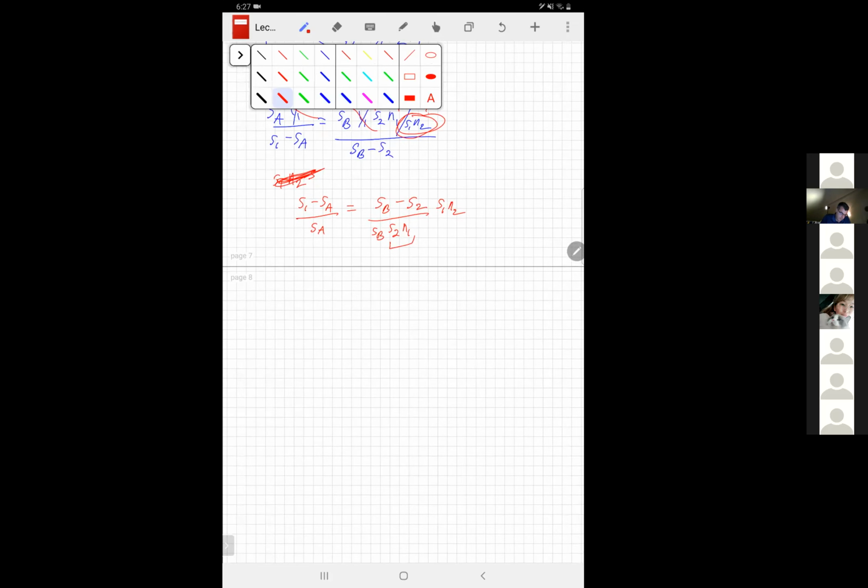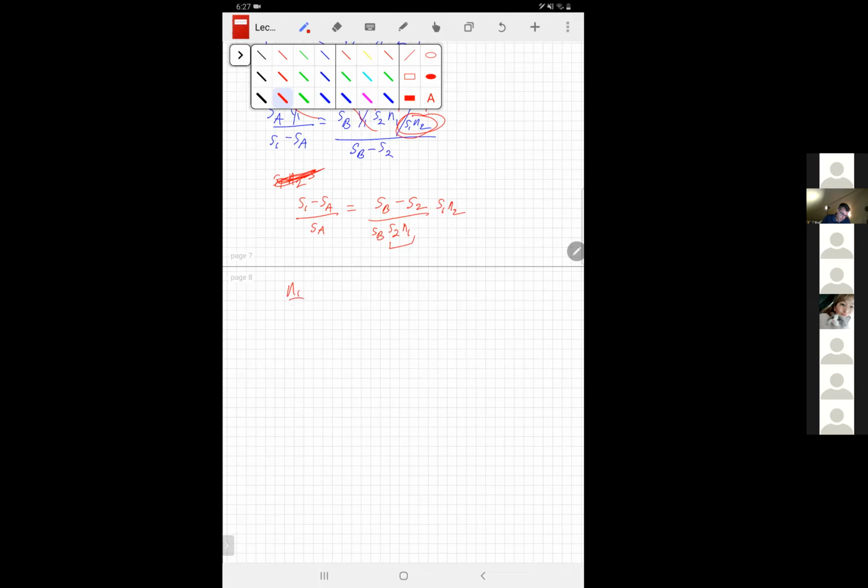And then I'm going to start dividing by some S's. I'm going to divide both sides by S1. I'm going to multiply both sides by N1.